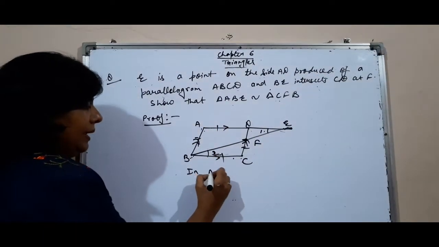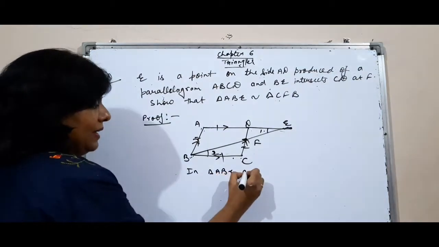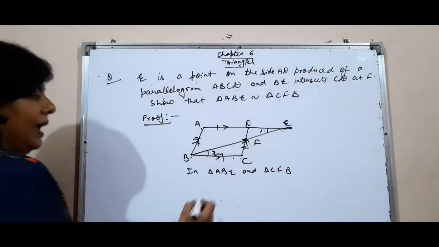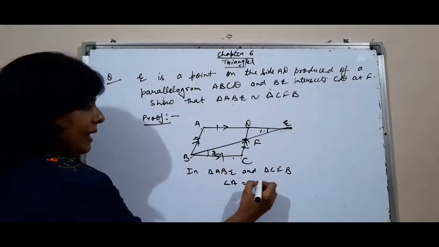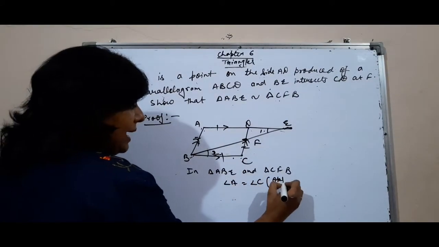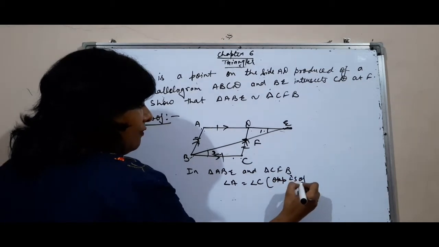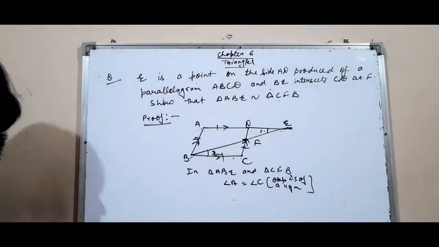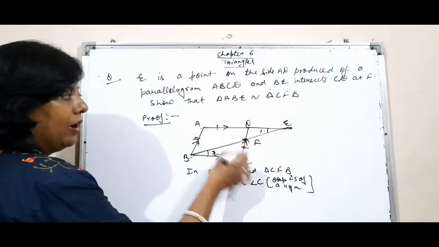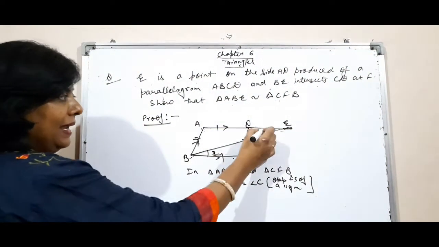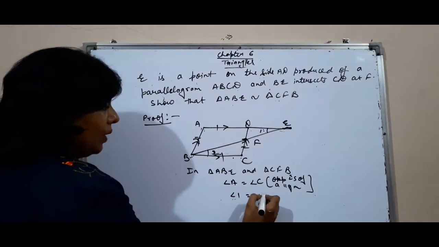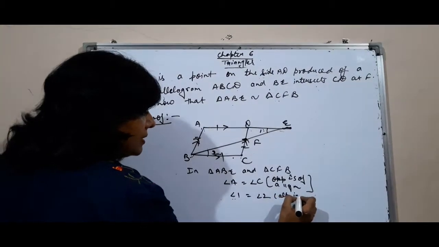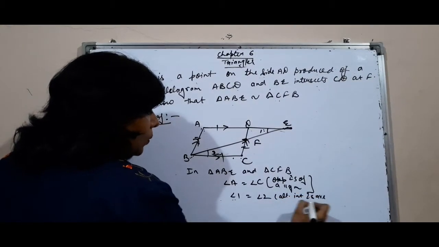In triangle ABE and triangle CFB, angle A equals to angle C, opposite angles of a parallelogram, and angle 1 equals to angle 2, alternate interior angles are equal.